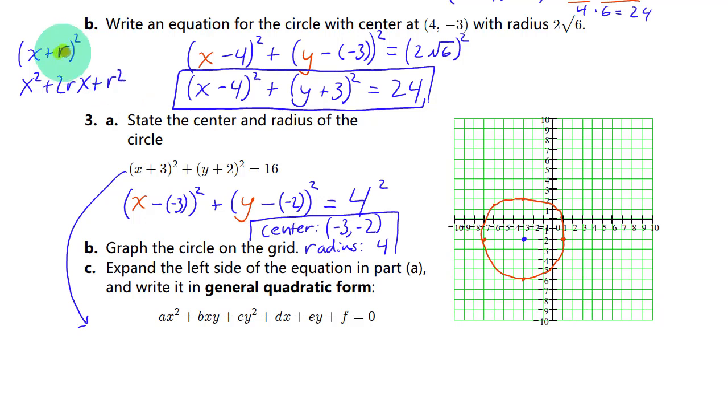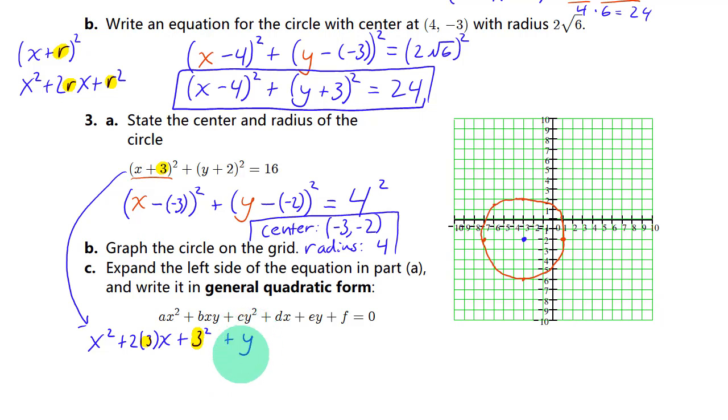And in this case, instead of r, we just have 3. So this is going to turn into x squared plus 2 times 3 times x plus 3 squared. That part of it is right here. Next we have the (y plus 2) squared. So for that one, the r is now going to be 2.